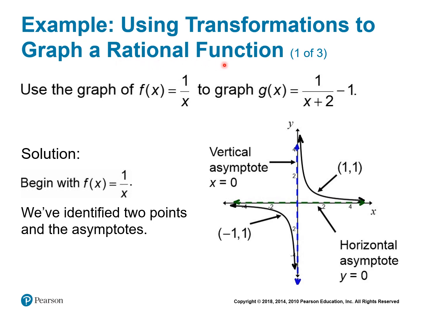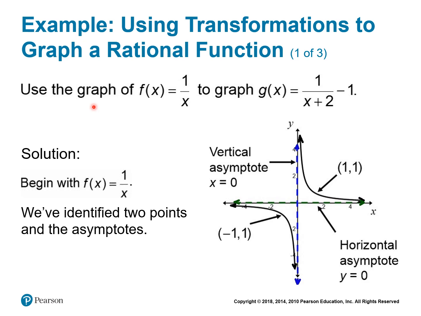Now, when we learned about transformation in a previous chapter, we started with the basic graph of each type of function. So maybe y equals x, or y equals x squared, or y equals x cubed, or y equals absolute value of x.